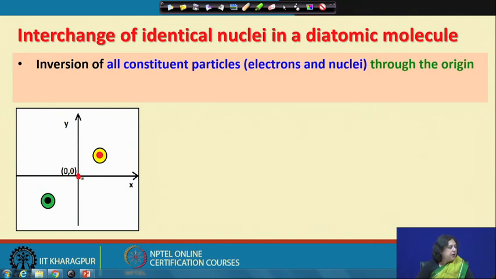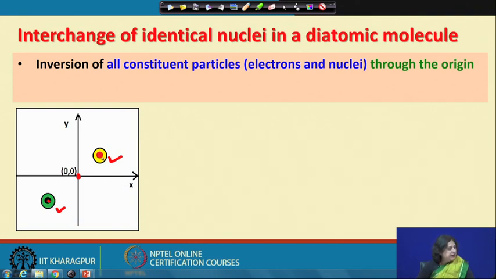So, if I want to invert this body or this point through this origin, I should appear here. What I am trying to say is this is an inverted image of this and vice versa.